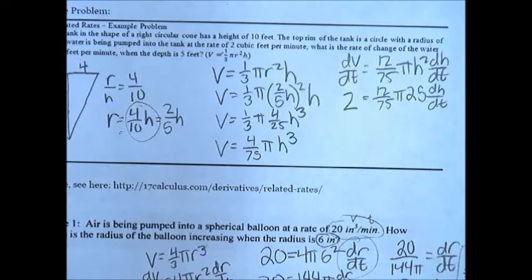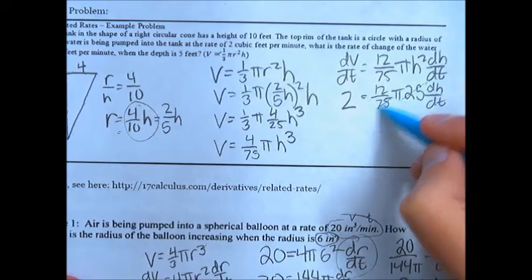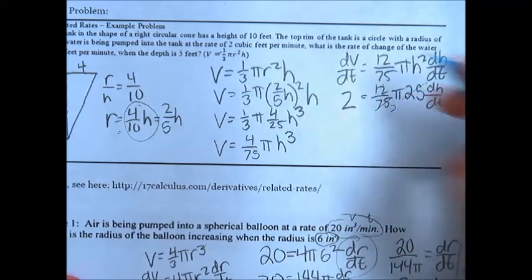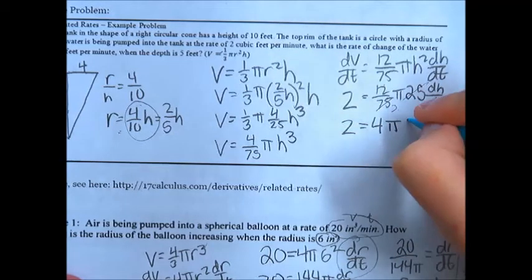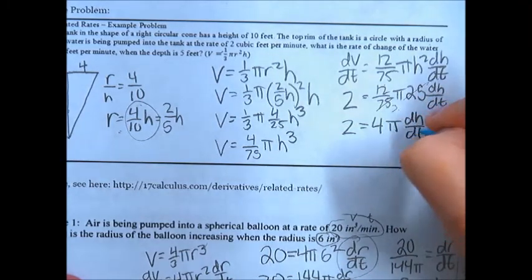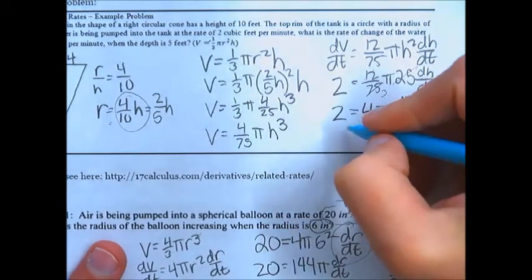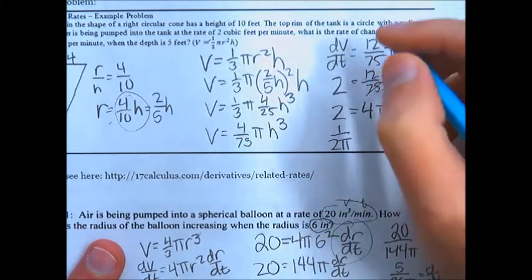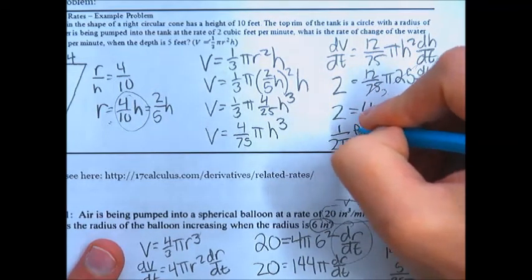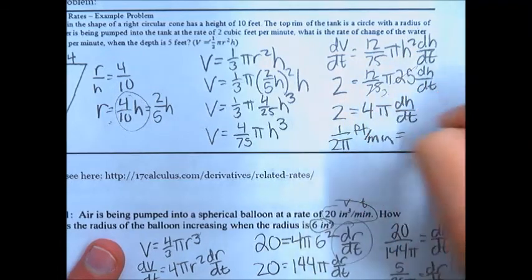And something nice is going to happen. 25 divided by 75, this cancels out, and we can just get a 3 on the bottom. 12 divided by 3 is 4. So we just get 4 pi dh/dt on this side. And then we just divide by 4 pi on both sides, and we get 1 over 2 pi. The units are feet per minute. And that's what our dh/dt is.